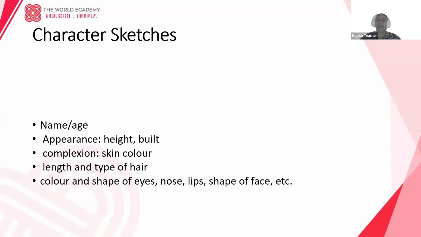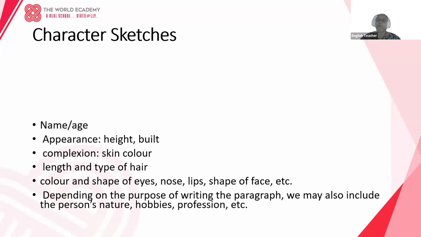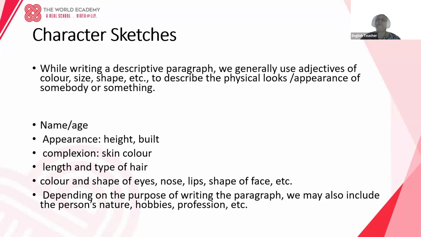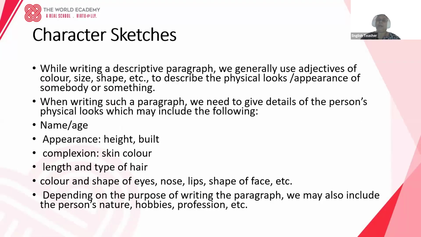Color and shape of the eyes, nose, lips, face can be added. And depending on the purpose of the writing paragraph, we can also include their hobbies. Mrs. Brown is an English teacher, or she's a literature teacher, and such kind of details. So while writing a descriptive paragraph, students, we generally use adjectives, okay? And when writing such paragraphs, give the details, okay?